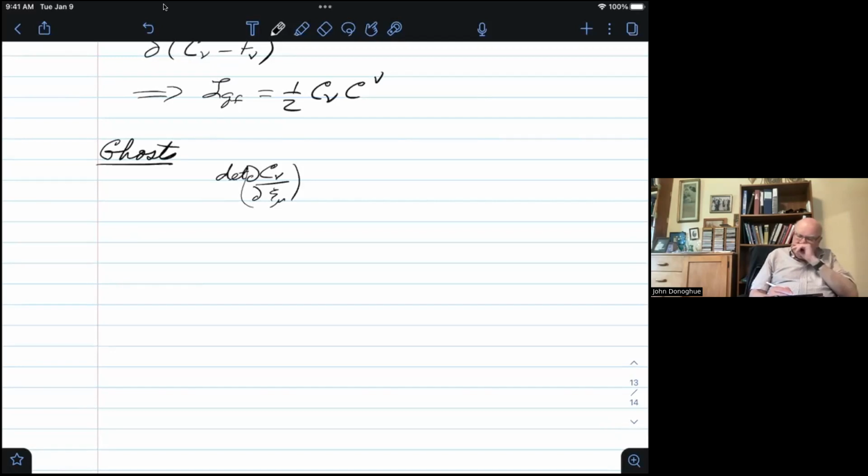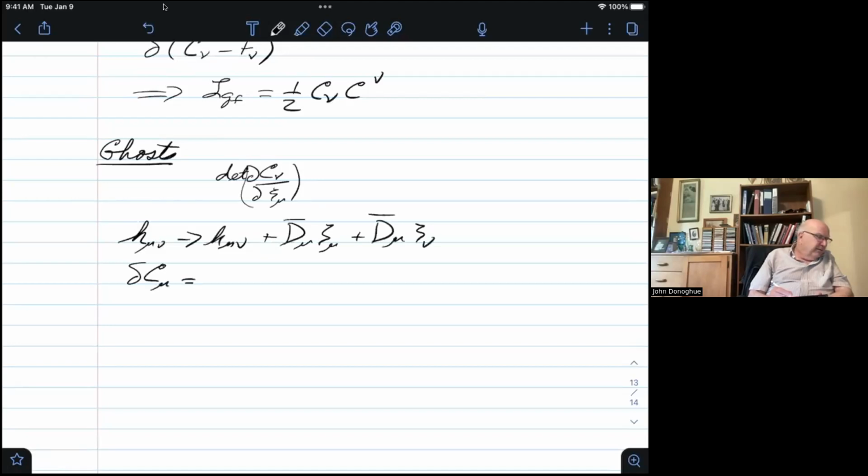All right, you have to bear with me just a couple minutes to finish this piece. I need to finish this. Remember, h mu nu went to h mu nu plus covariant derivative, and so then delta c mu nu is something that's calculable.